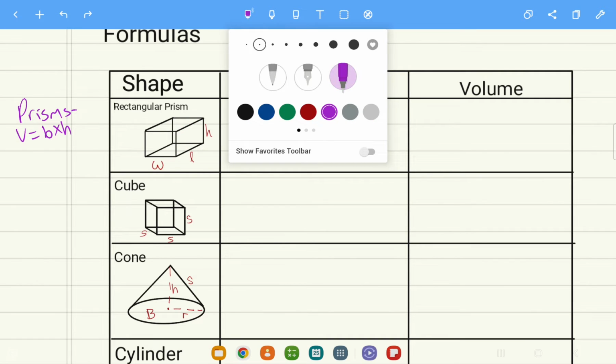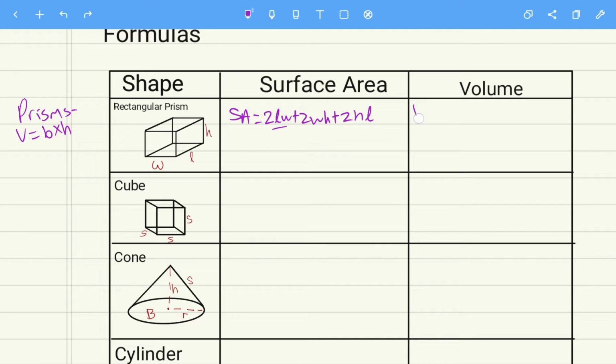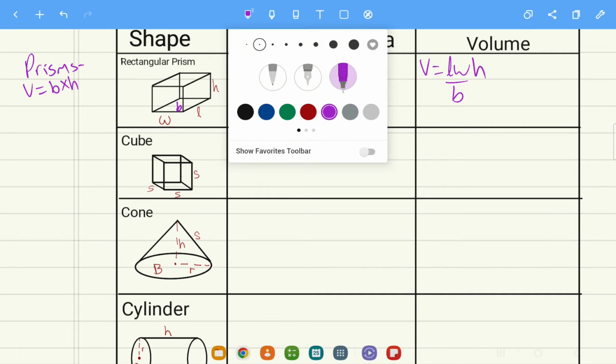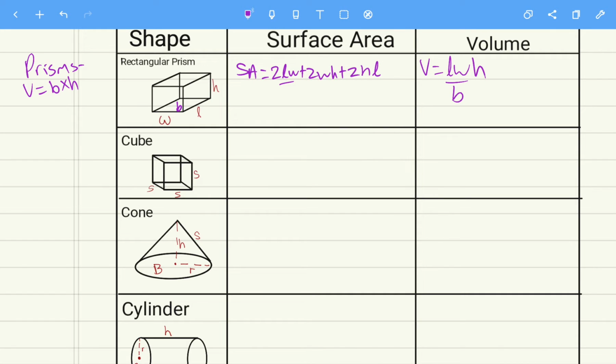And volume, this is length times width times height, where length times width is our base. Now, a cube is a special rectangular prism, as in all 3 sides are equal.